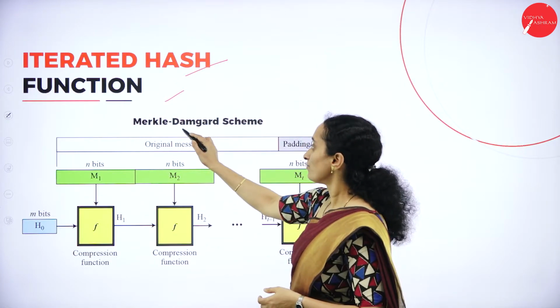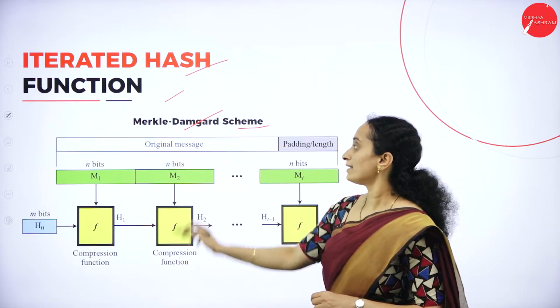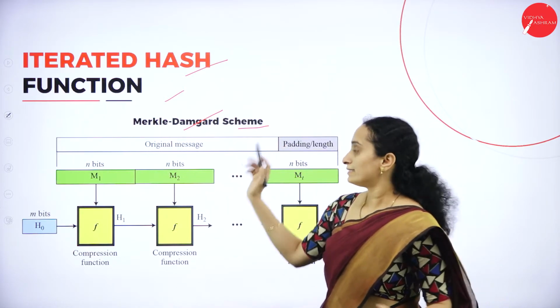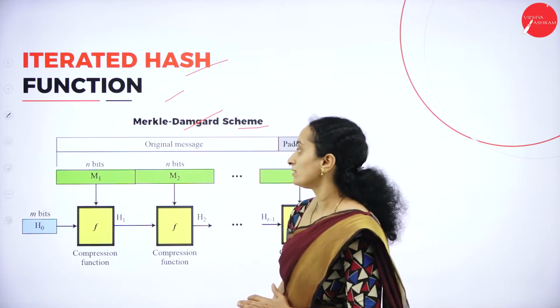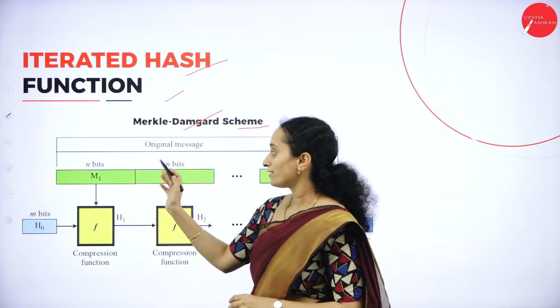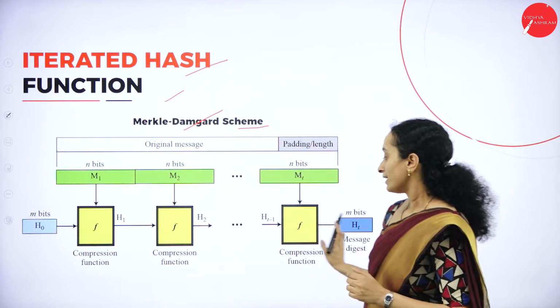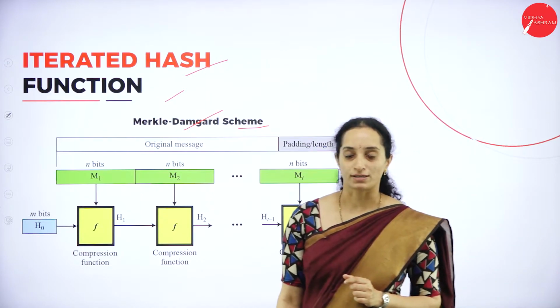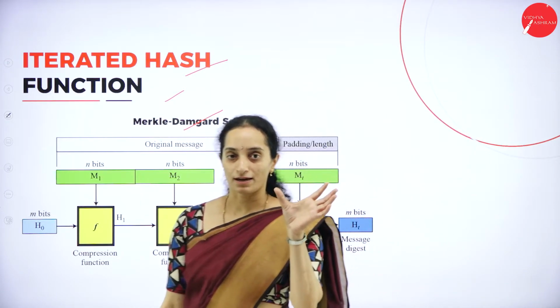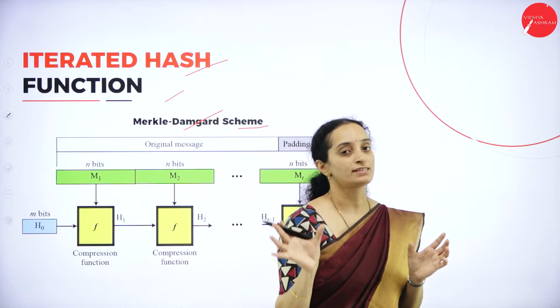For this, we make use of a scheme known as the Merkle-Damgard scheme. It is a special scheme that is used to take fixed length inputs and get a compression function. Here, an arbitrary length message will be compressed to a fixed length.